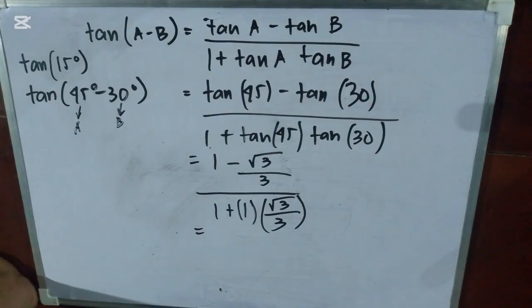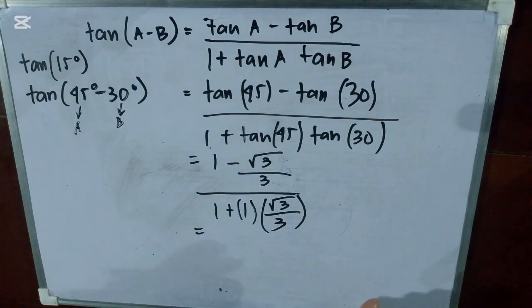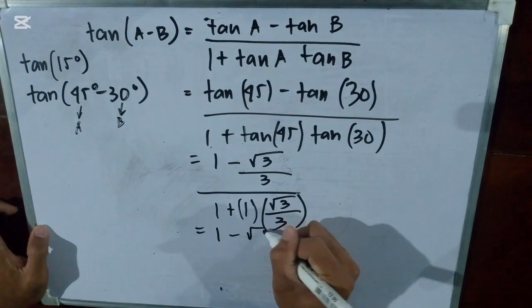And now we have two complex fractions. And now let us multiply 1 times root 3 over 3, and it becomes 1 minus root 3 over 3.